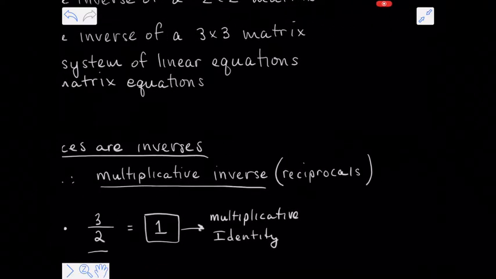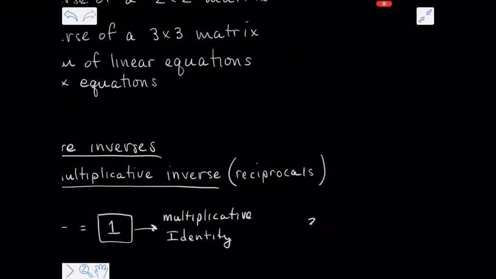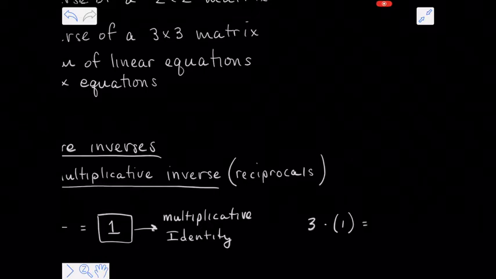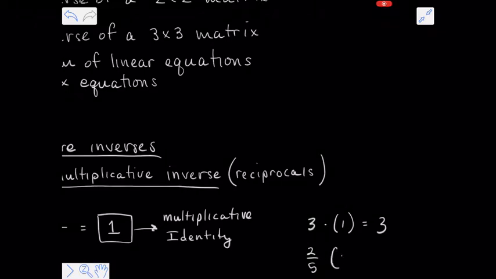What that means is any value, if I multiply it by the multiplicative identity, you're going to get the same value. So if I have 2/5 and I multiply it by the multiplicative identity, I get 2/5. In essence, multiplying by 1 doesn't change the value of whatever you're multiplying. That's why it's called an identity. Multiplicative identity.